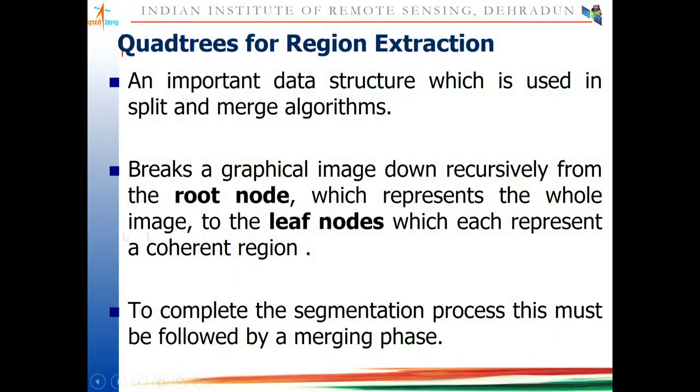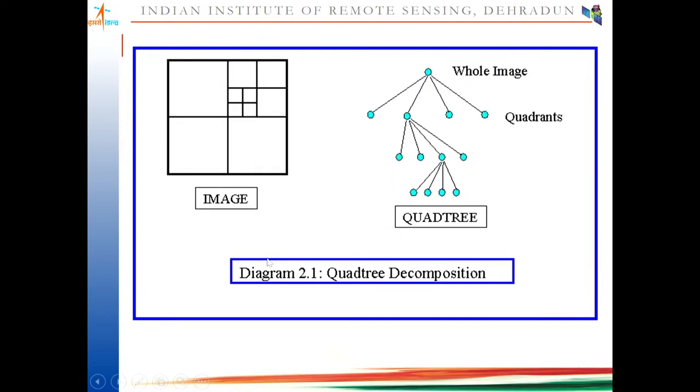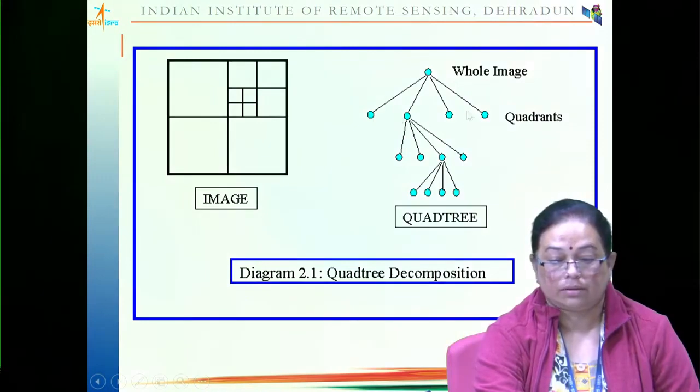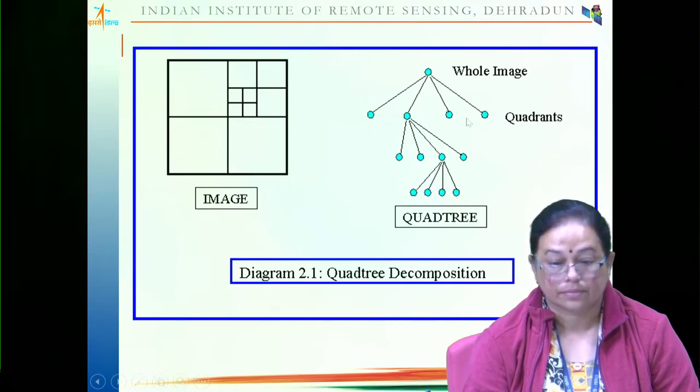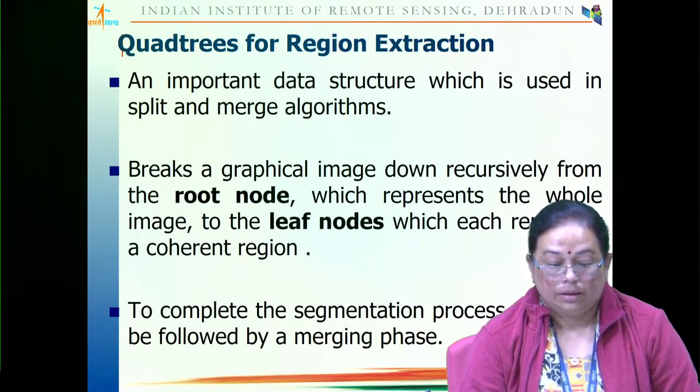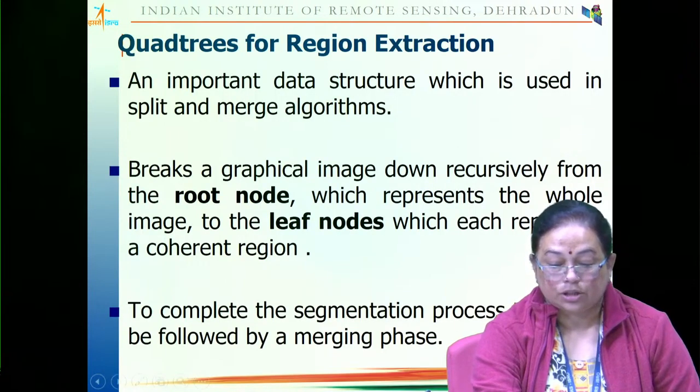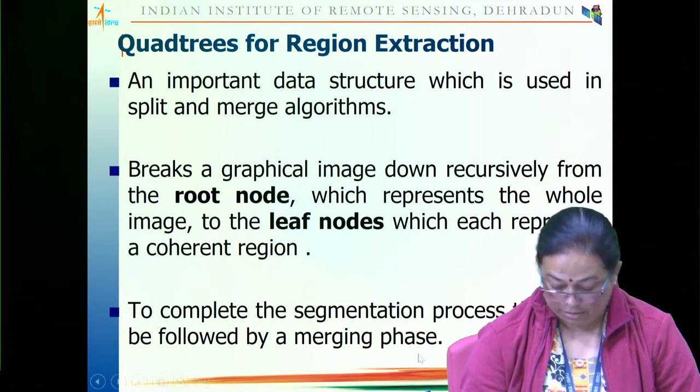Right. Now this root node represents the whole image, and this is recursively broken down into the leaf node, each of which represents a coherent region, as you can see here. So this is a coherent region, and then, so we had, after the first split, we had 4 quadrants. Then to complete the segmentation process, this must be followed by a merging phase.